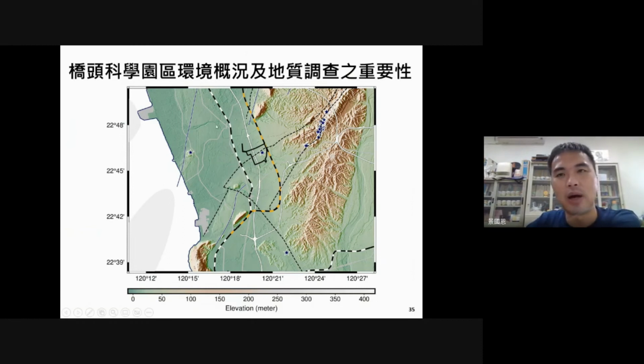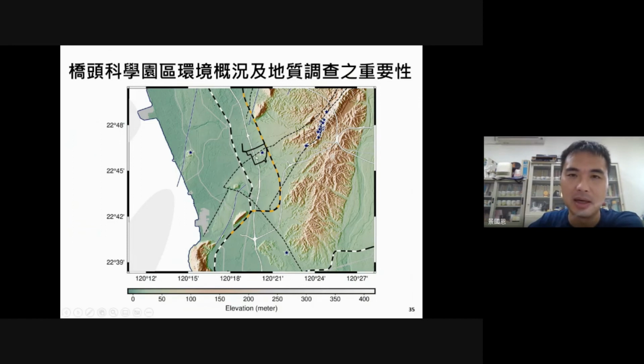So why do we want to understand the surface deformation in this region? Just because of this one. Here you could see a polygon, which indicates the science park in Taiwan.